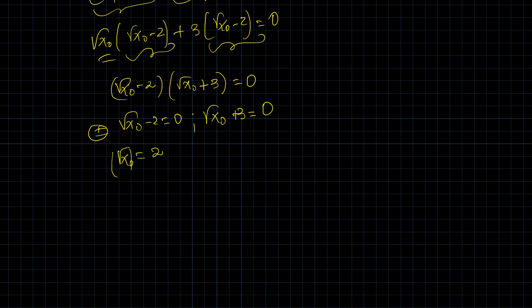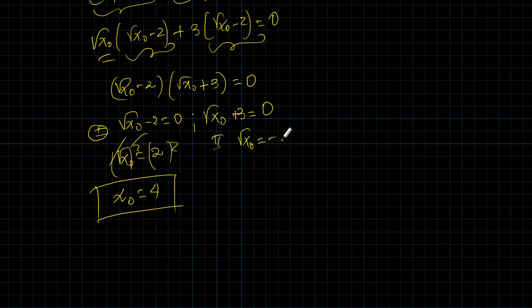Squaring both sides, we get x0 equals 4. In our second case, we get square root of x0 equals minus 3. This is impossible, because square root of x0 has to be greater than or equal to 0 and this number is negative, so we're going to reject this part. So now our x0 is equal to 4.